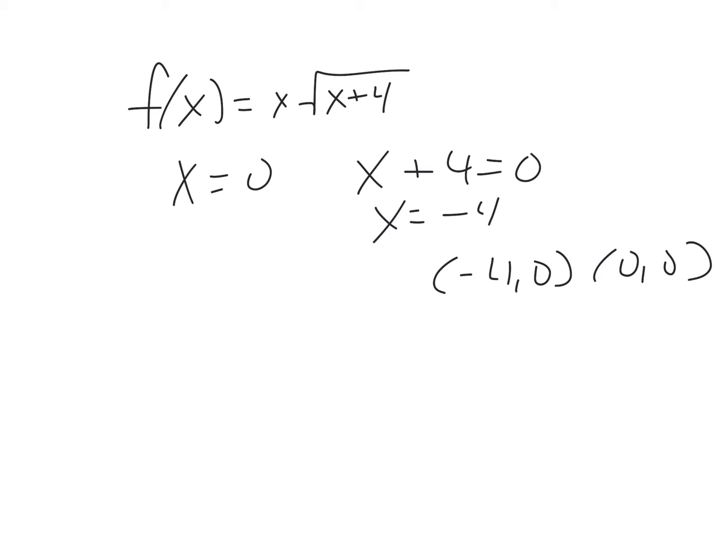Just like Rolle's theorem states, since the outputs are the same, there must be a point where the derivative is equal to 0 somewhere. So let's go ahead and do that. We have to use the product rule.